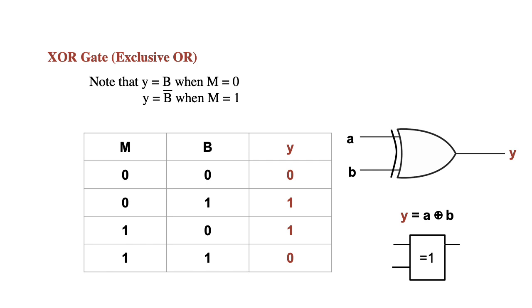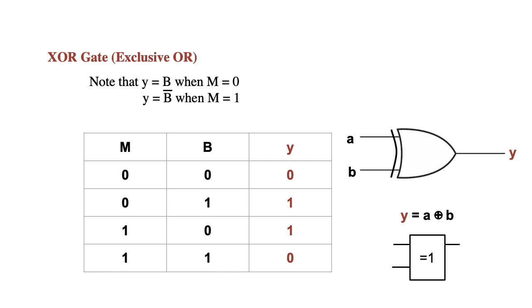So in the first row we have M is 0, B is 0, so Y is equal to B as it is. And then in the second row we have M is 0, B is 1, and Y is equal to B, which is 1. So this is another proof that shows that Y is actually, in fact, equal to B XOR M.